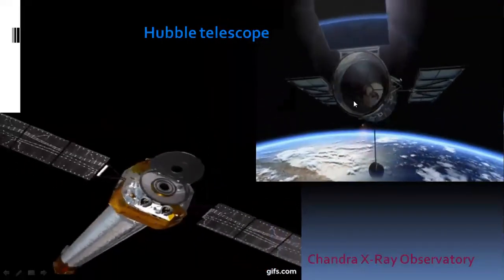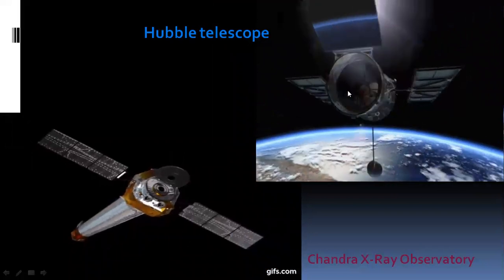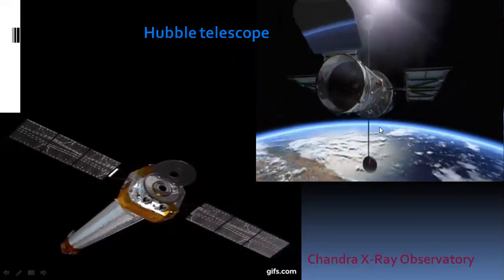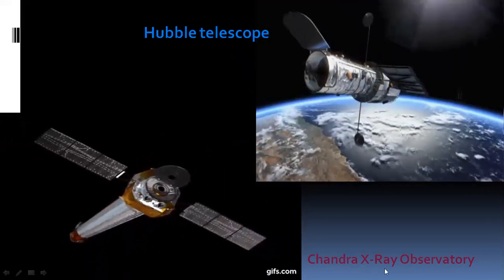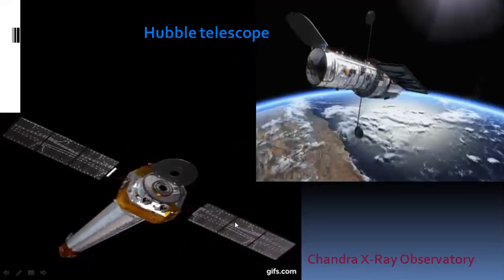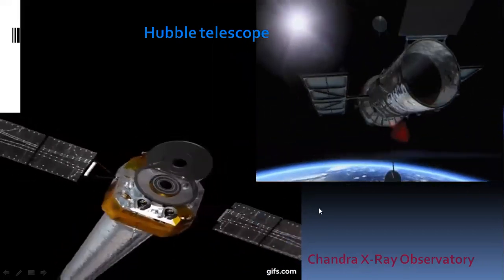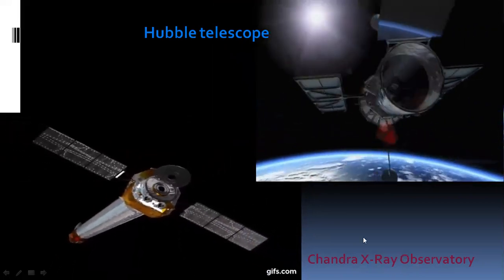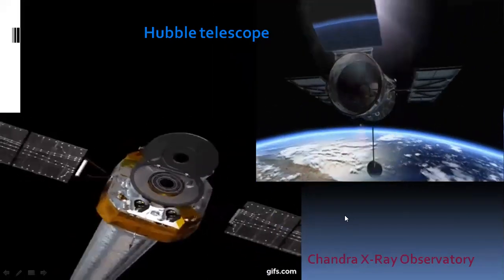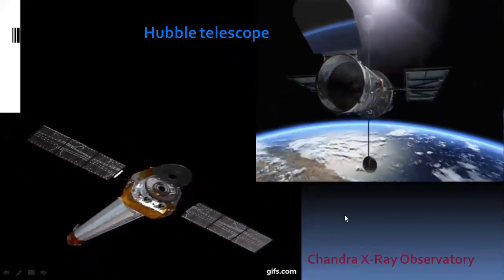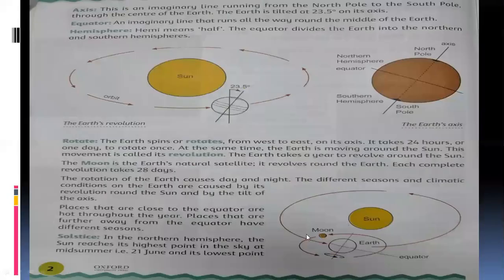Here's the Hubble telescope, the biggest in space, and Chandra X-ray Observatory. They get information around the world in space and get it back to the earth.